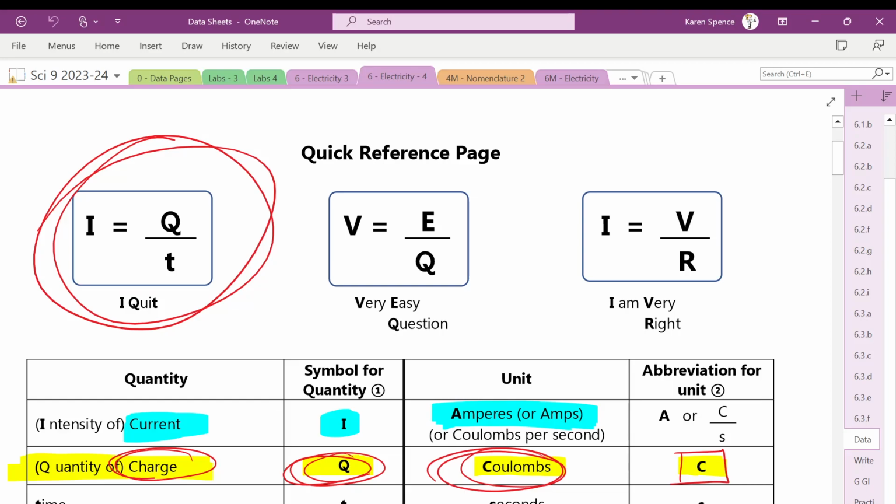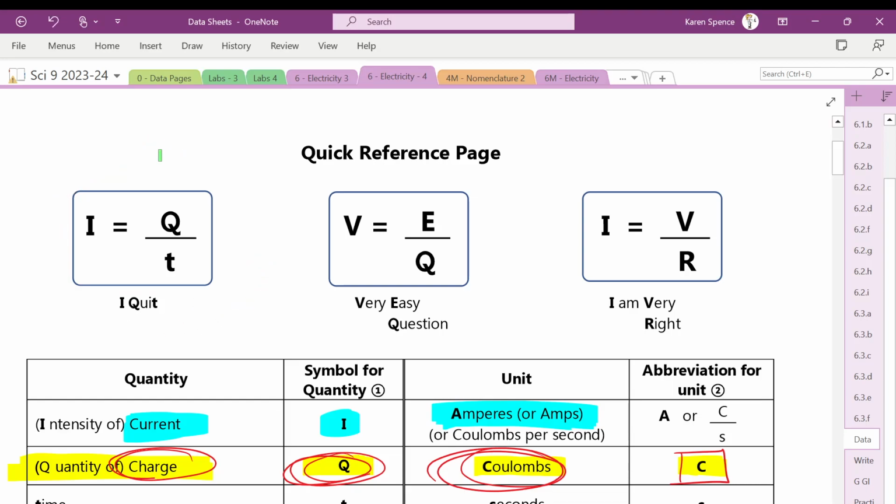Should we pick formula number 1? Should we pick formula number 2, or should we pick formula number 3? Number 2, okay.